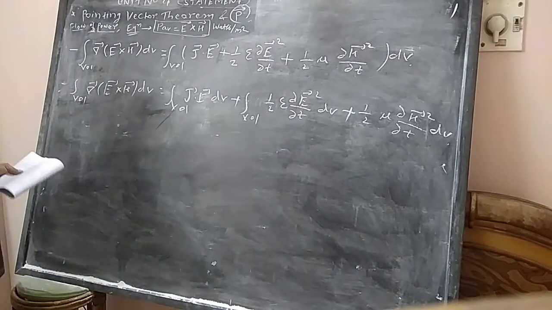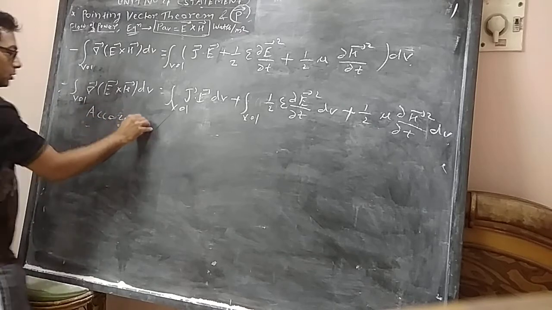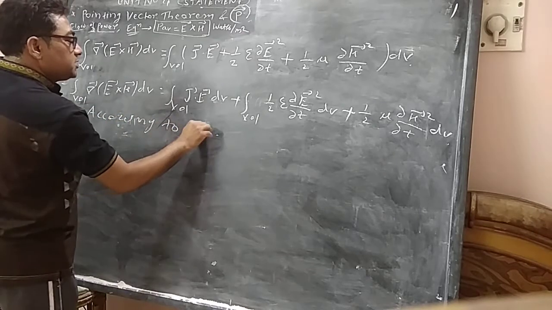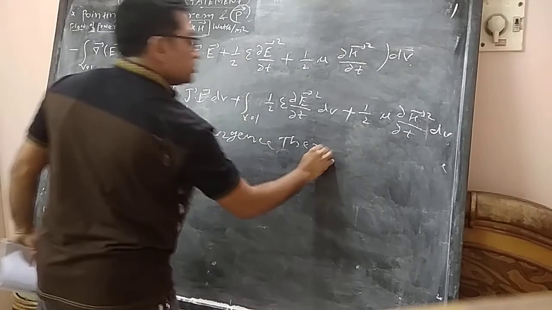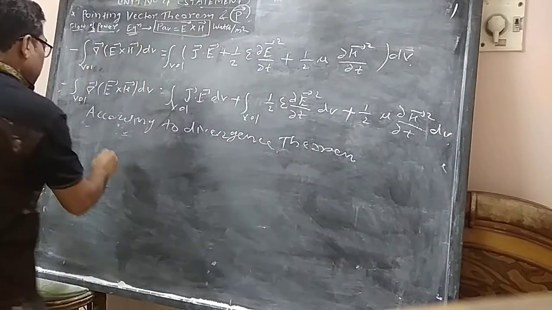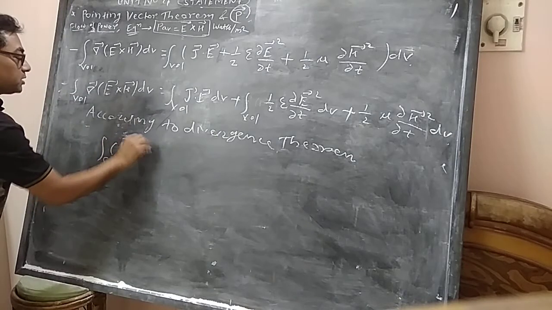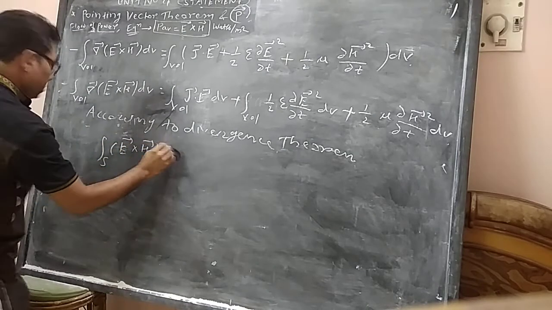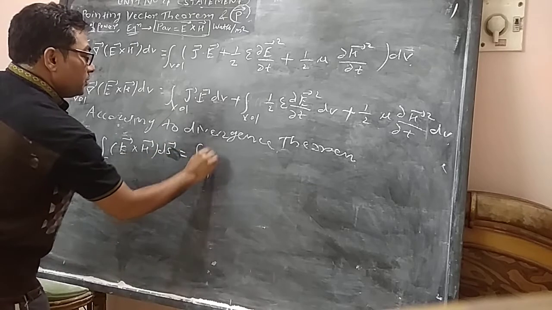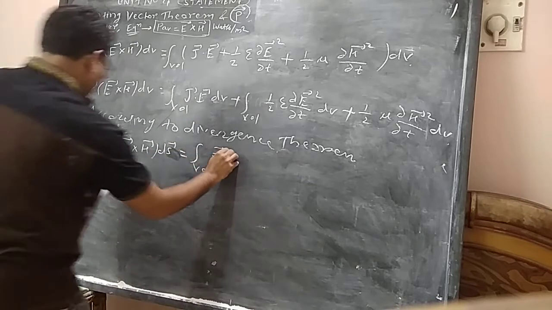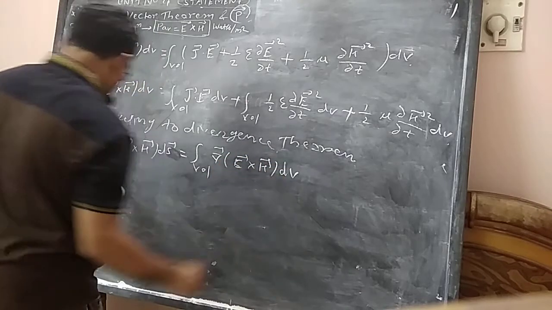Now as we know, according to the divergence theorem, the surface integration of E vector cross H vector into dS equals the volume integration of the divergence of E vector cross H vector into dV.